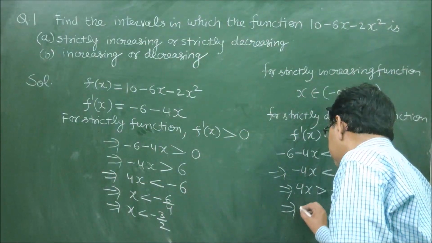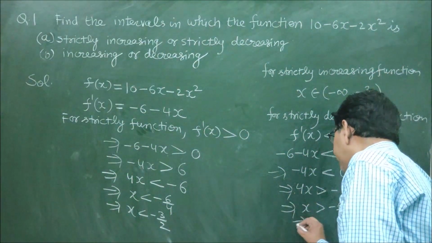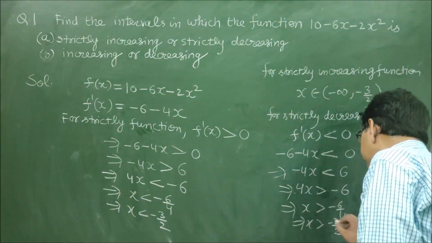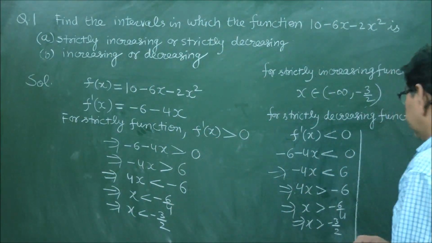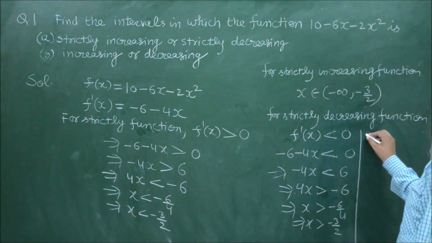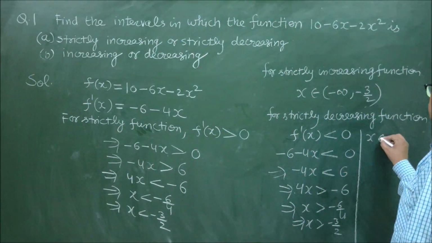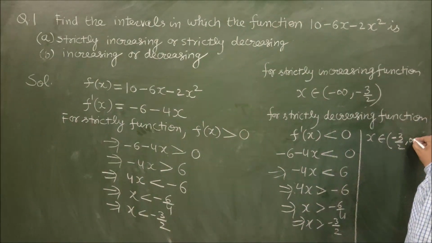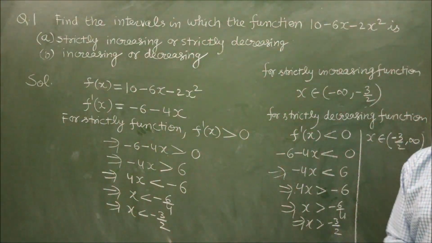That is, x is greater than -6/4, which implies that x is greater than -3/2. So x belongs to the interval -3/2 to infinity. So in this interval this function is strictly decreasing.